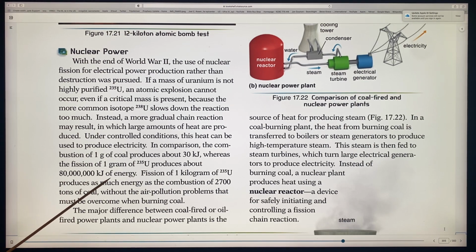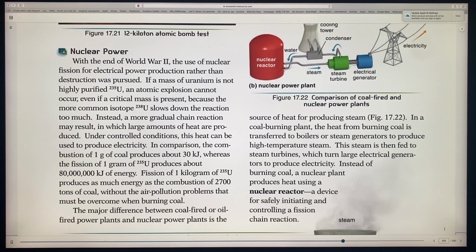That's a lot more energy, don't you think? So the fission of 1 kilogram of uranium-235 produces as much energy as the combustion of 2,700 tons of coal. And nuclear energy has no air pollution.